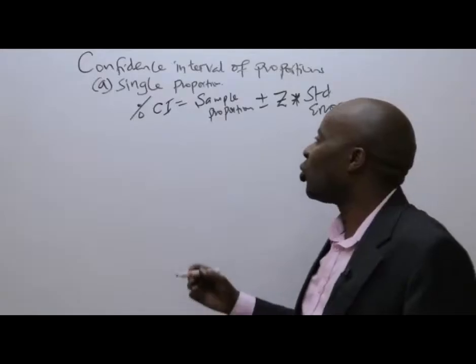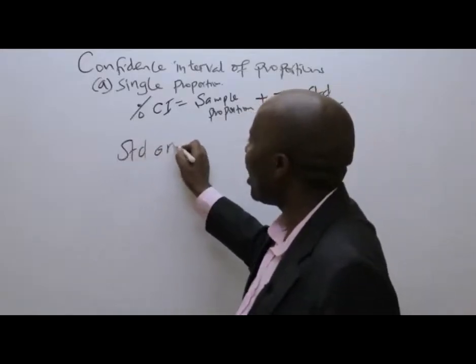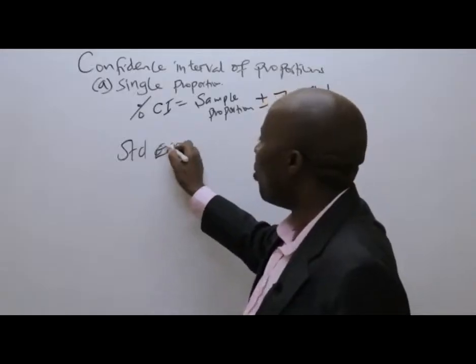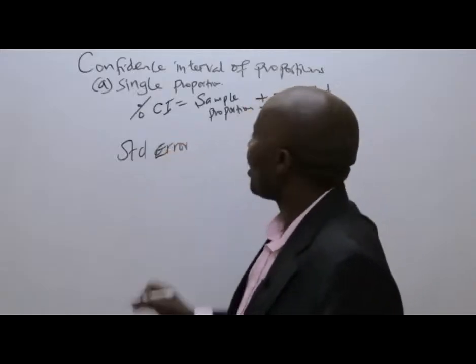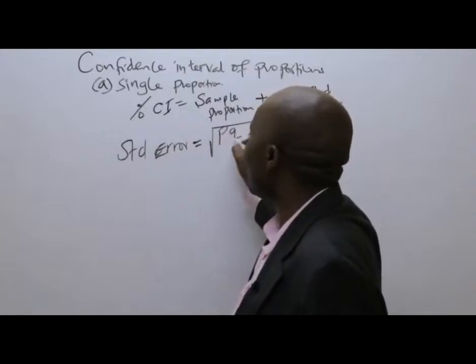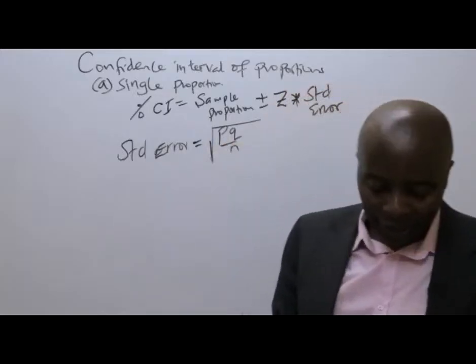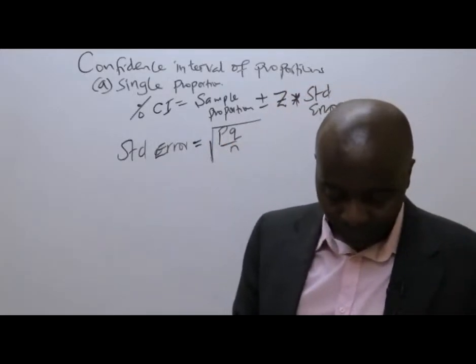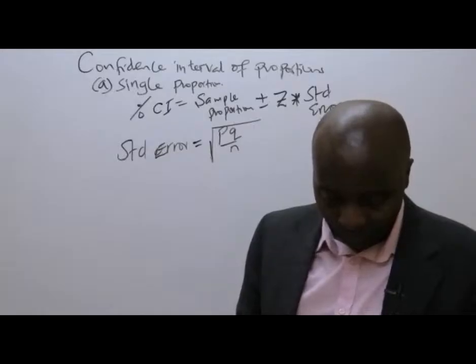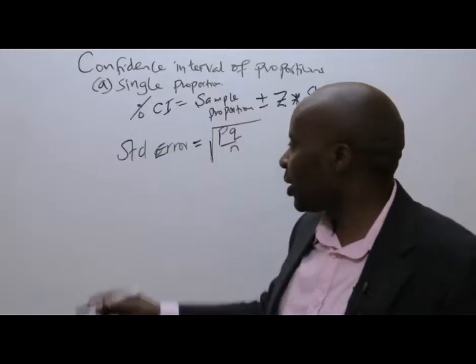But now, how do we get the standard error in situations where we have proportions? To get the standard error here, we take P multiplied by Q all over N, all over N. Ladies and gentlemen, this is quite important.